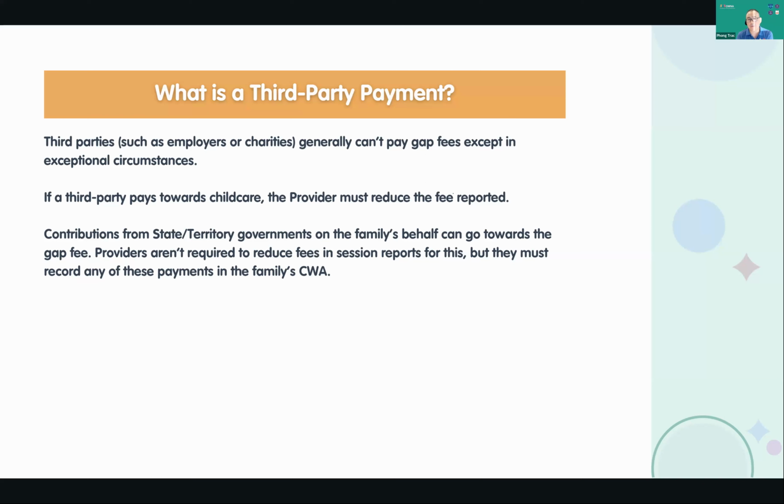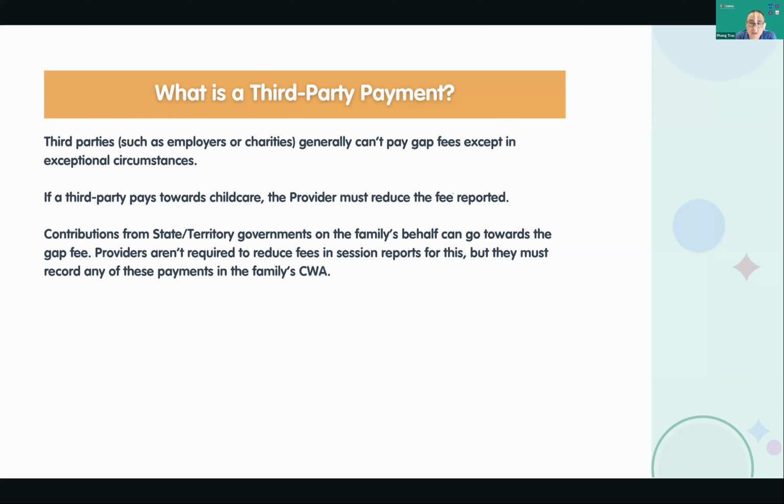So, for example, if you had a third-party arrangement and it's not a state or territory government, if you had a third party on behalf of a family paying part of their fee, so let's say it's $100 your daily fee, and you had a third party, maybe it's the family's employer, and they said, yeah, we're going to contribute $30 to this.